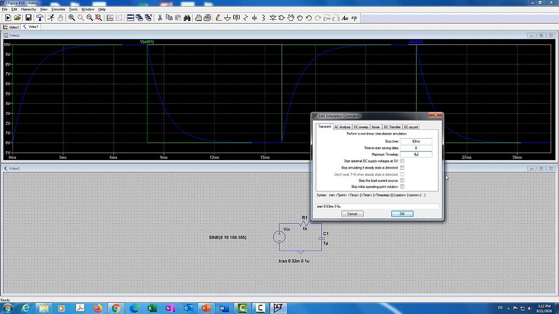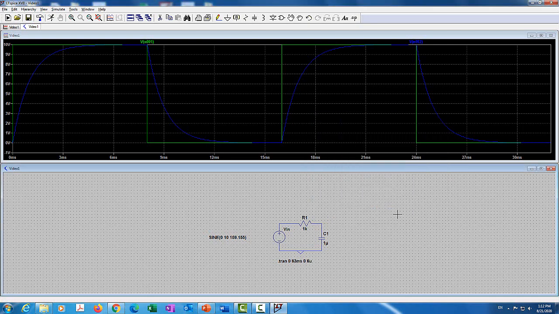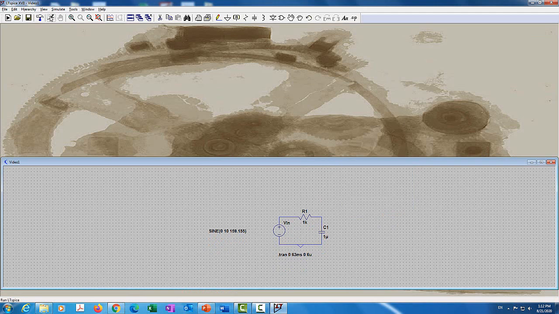That means I have about 1,000 samples per one complete cycle at minimum. So you need to always play with the maximum step size and the simulation time based on what frequencies you are using. I'm going to click OK. Now I'm going to delete this. Let's run simulate again.